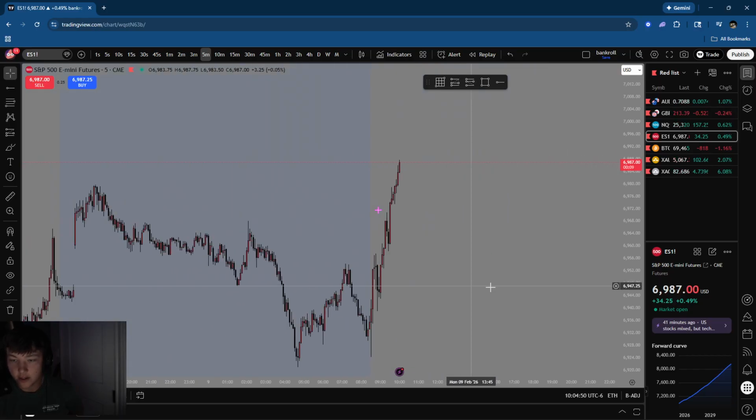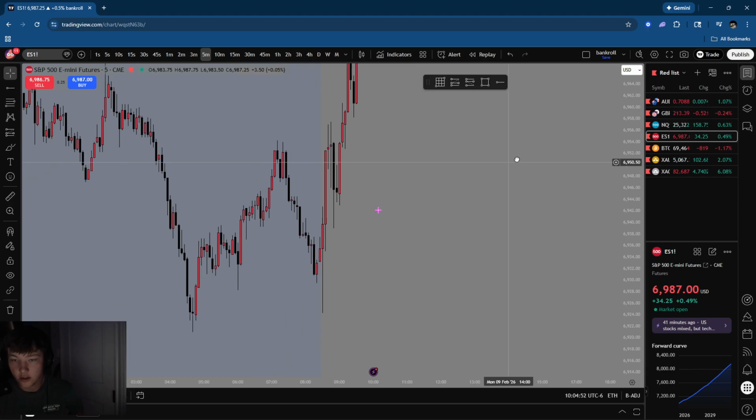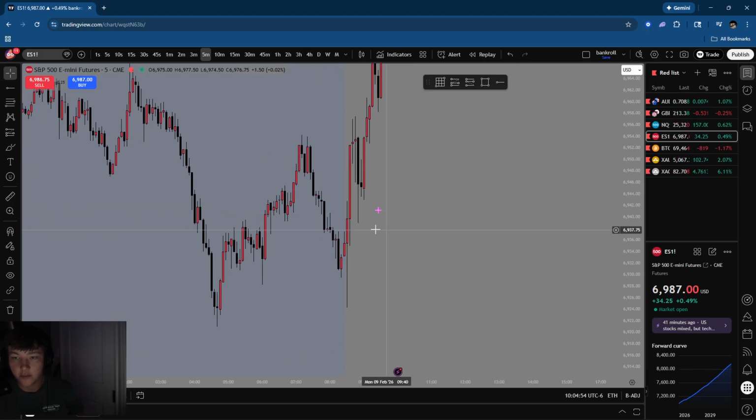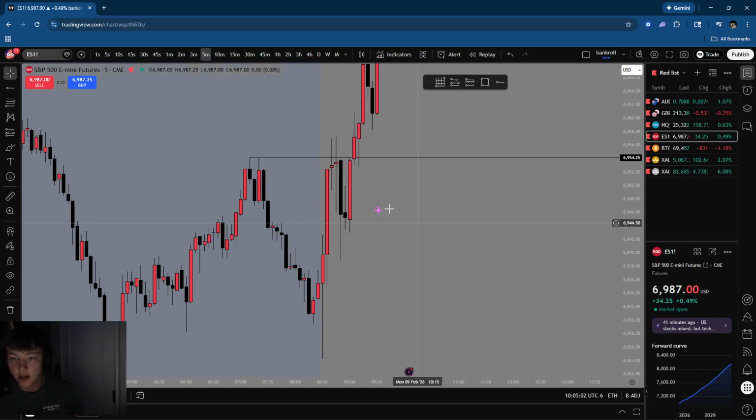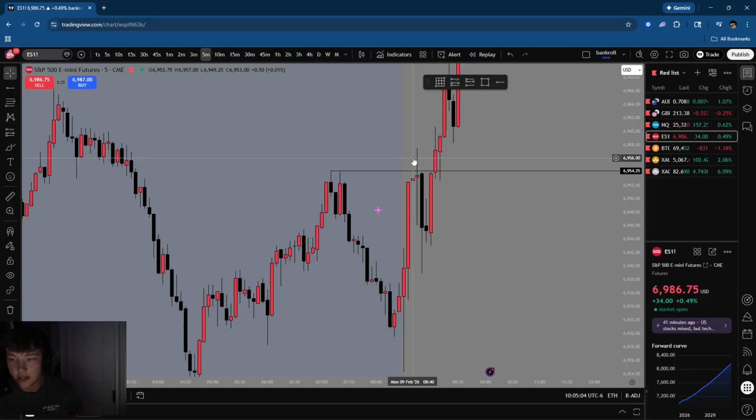All right, so on the 5 minute, here we go. See these highs right here? We have these almost equal highs, and you can see on these candles we take them out. By taking out these highs, that's going to end up pushing us down because we just took out all this liquidity.